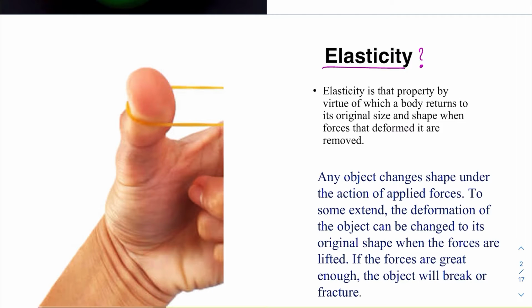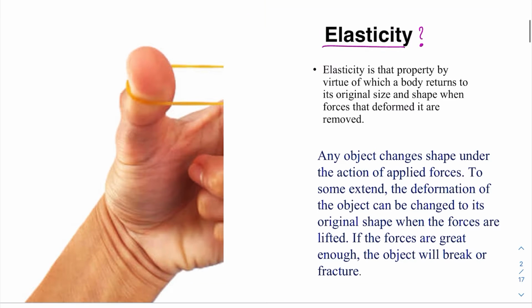It means that when the forces are not too great to cause fracture or permanent deformation, materials can get back to their previous shapes and sizes when the forces are removed. So this property is called elasticity, and it is in all materials.